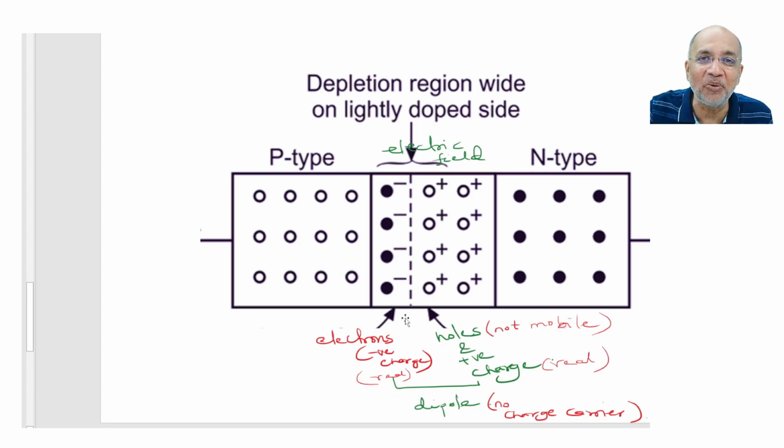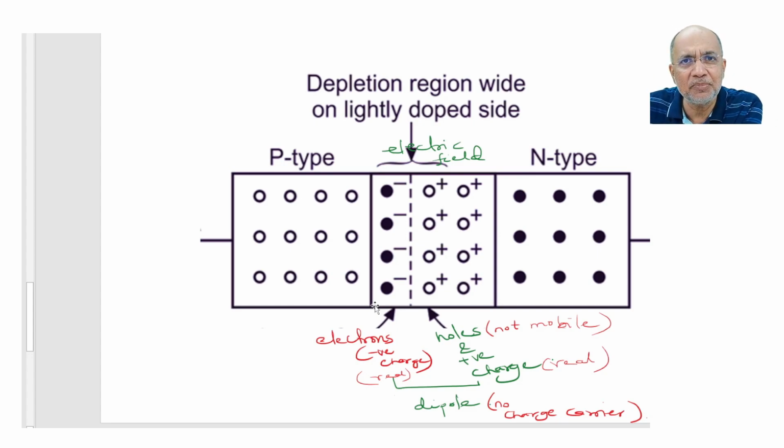These holes are also not mobile, and the electrons are not mobile in this depletion zone. So the depletion zone has lost all charge carriers. It is almost like neutral.